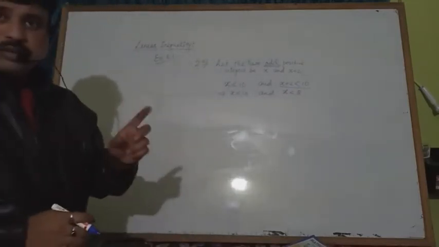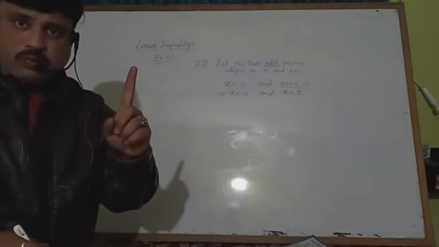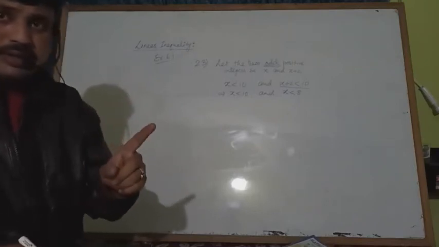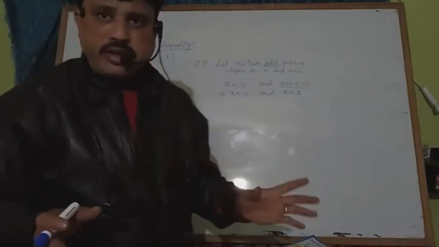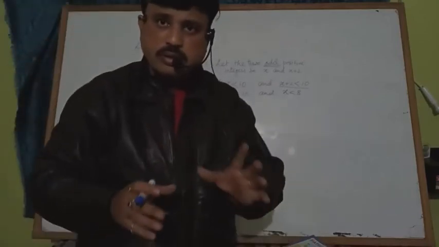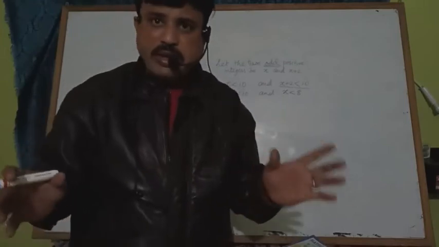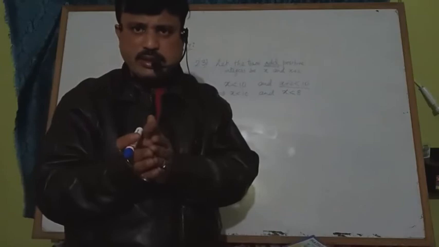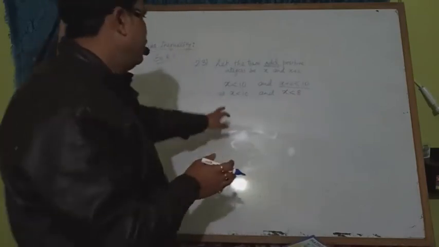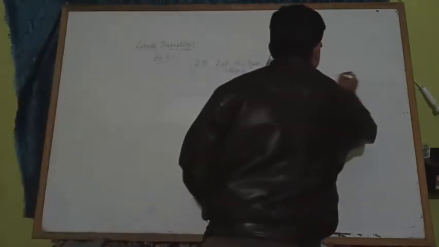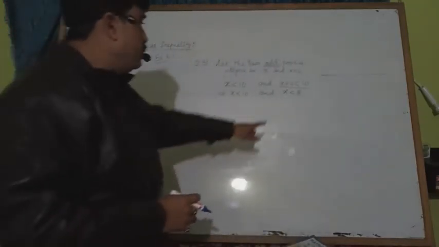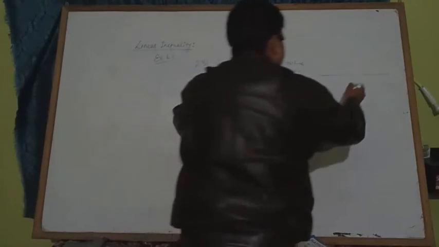Now from these two I have to take only one result. And how to find that result? You need not worry, no need to do any mental calculation. That's a very simple way. If I want to find a common answer of these two inequalities, make a number line, and mark these two numbers, 8 and 10, here.